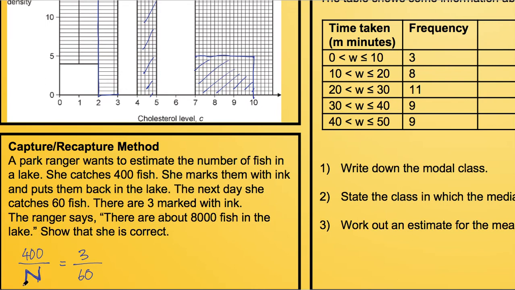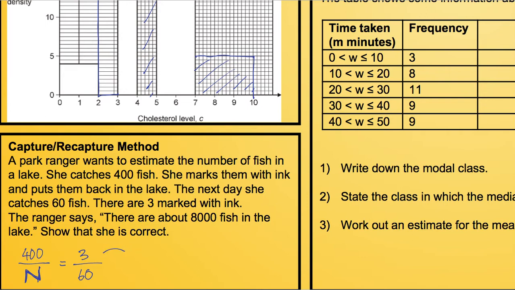And if that was the case, I would be scaling up this fraction so that the 3 becomes 400. So how do I get from 3 to 400? Well, 400 divided by 3 is 133.33. I'd just scale it up that way.